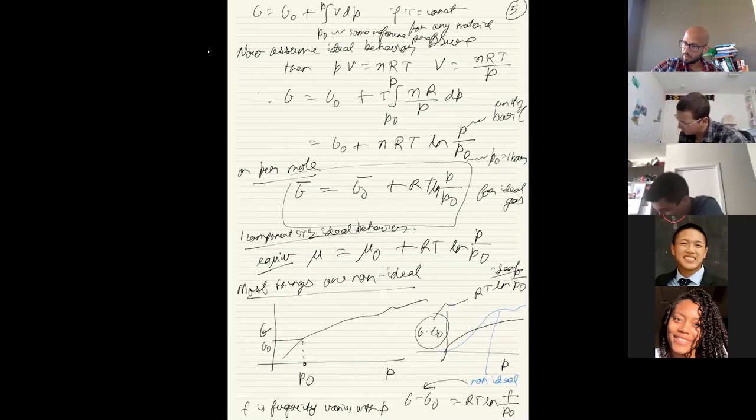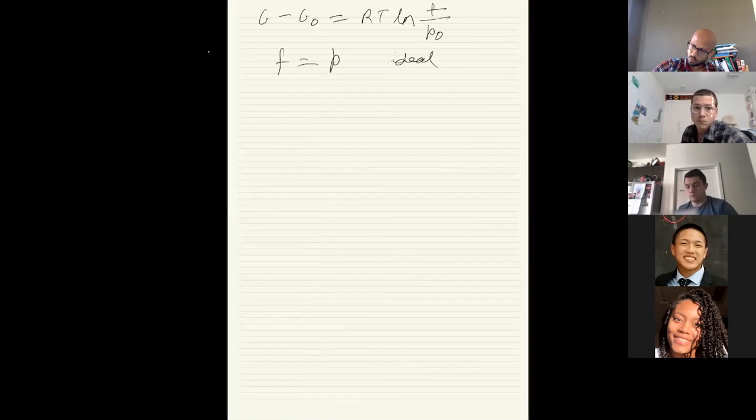It's a convoluted way of defining it, and the only reason people did this is so they can still write an equation that looks like G minus G naught is equal to RT log of F by P naught, where F has in principle nothing to do with pressure. Only for an ideal gas, F is equal to pressure.